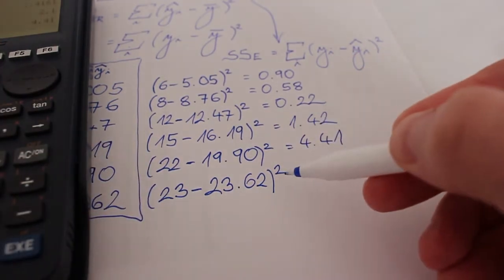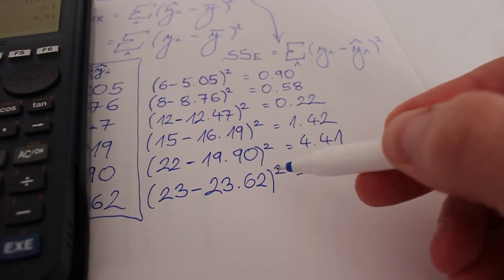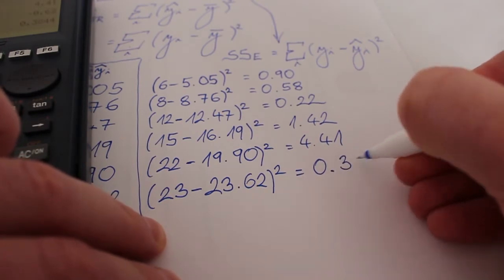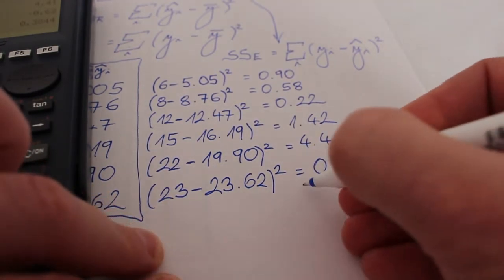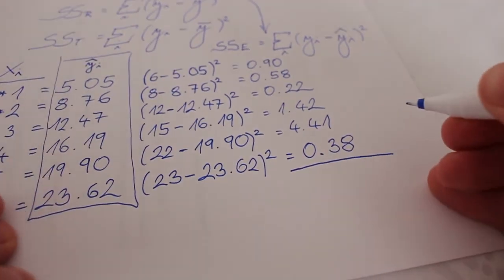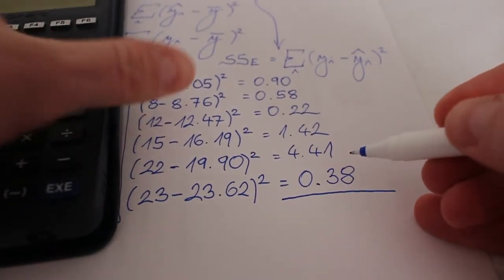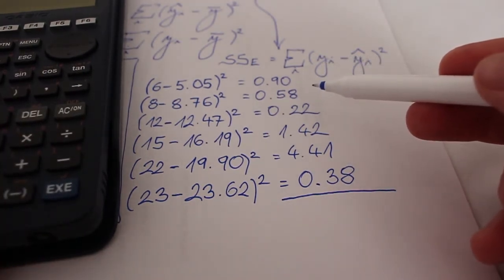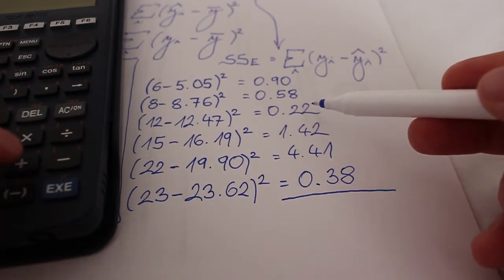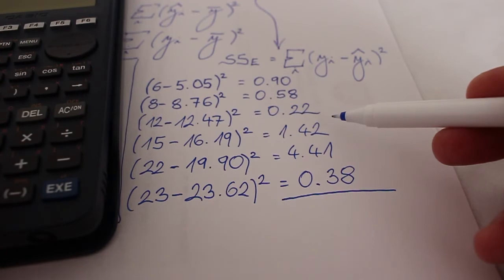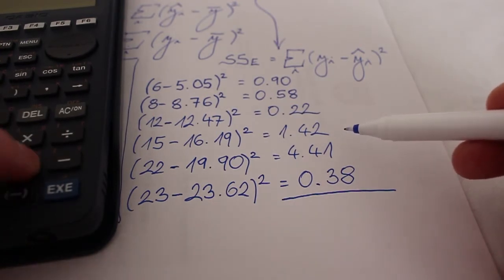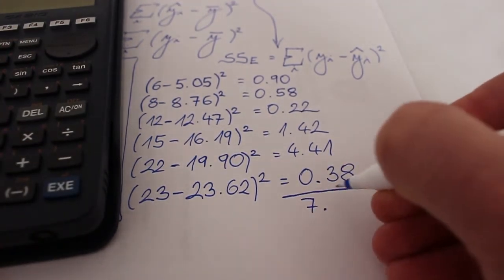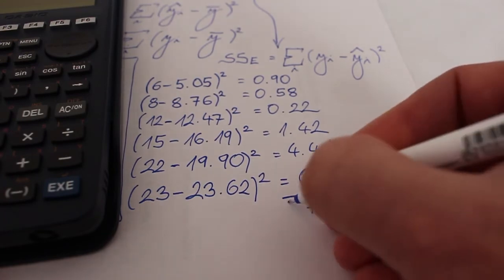And finally, 23 minus 23.62 squared is 0.38. And now if you calculate the sum of these values, 0.9 plus 0.58 plus 0.22 plus 1.42 plus 4.41 plus 0.38, the result is 7.91.